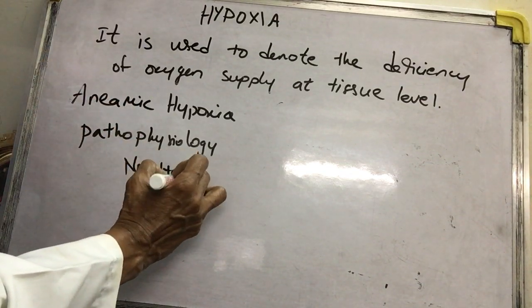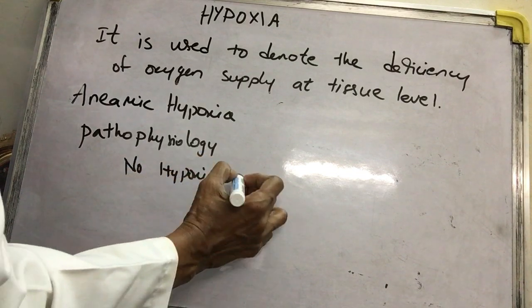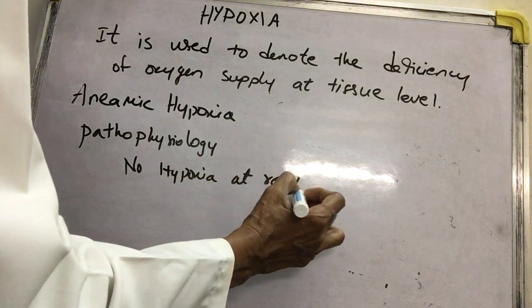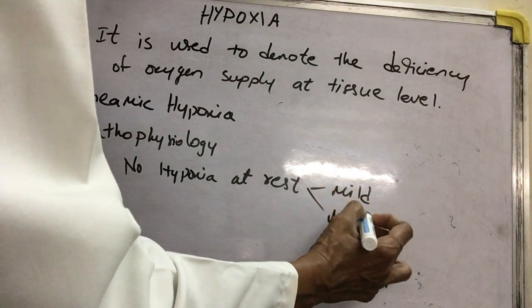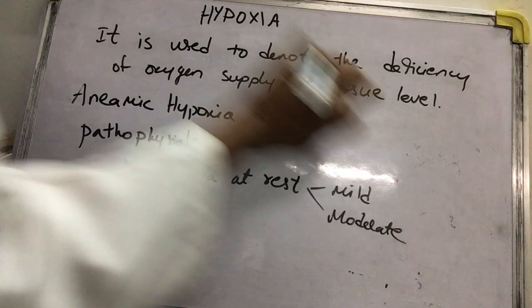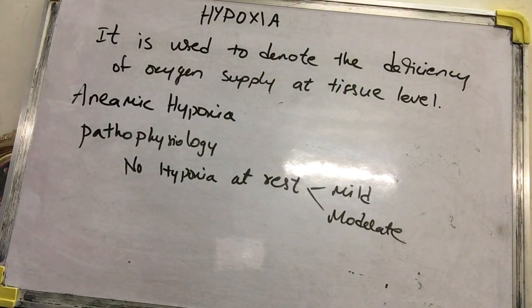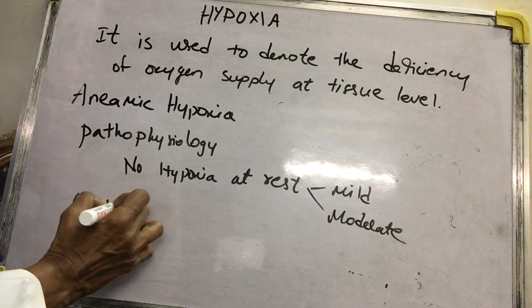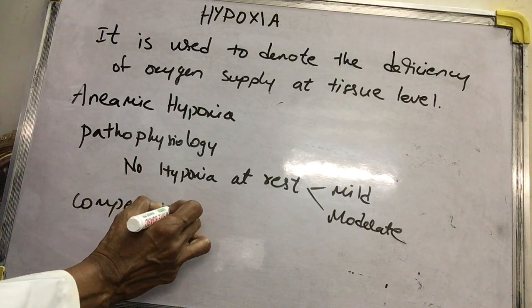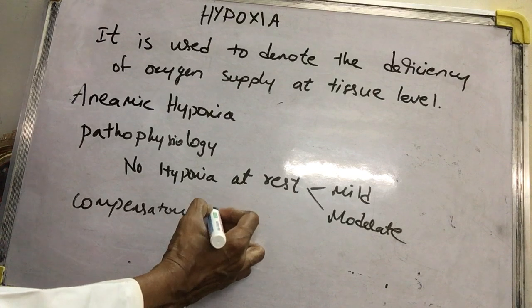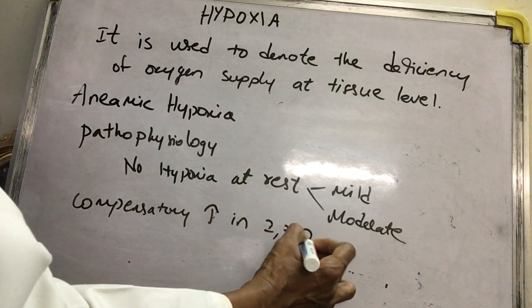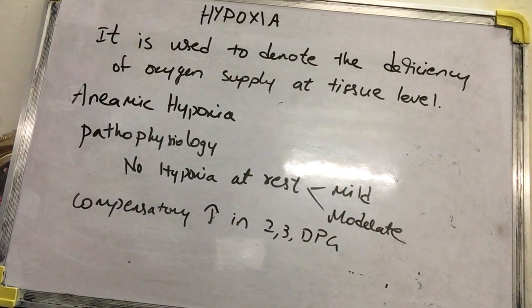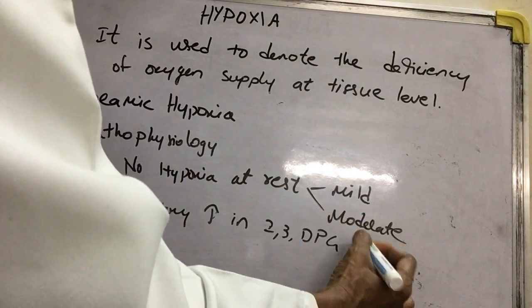No hypoxia at rest in mild and moderate anemia. That is because of compensatory increase in 2,3 DPG in the RBC.